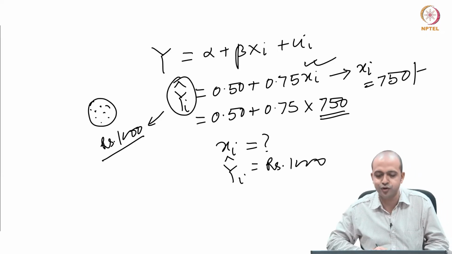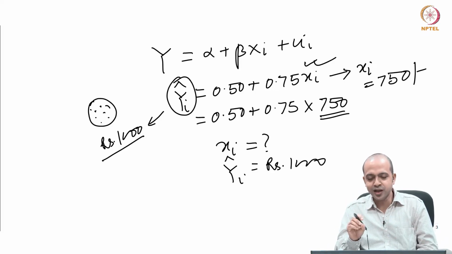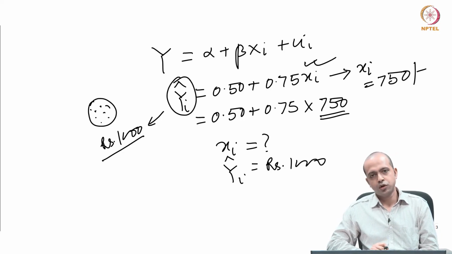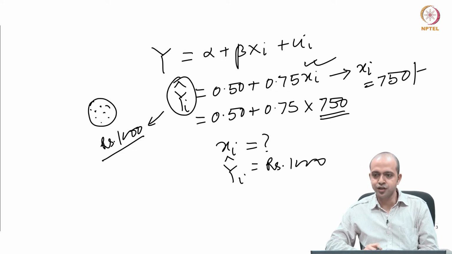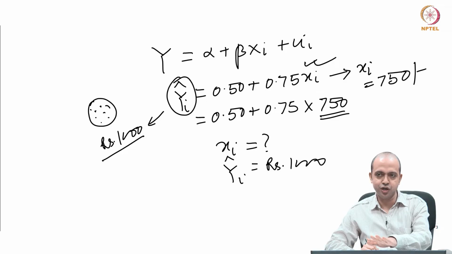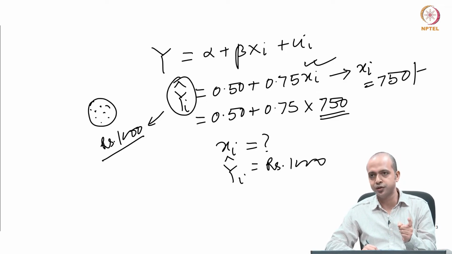That also you can do. So, two things you can do here. You can plug in any value of xi, and that will result in the corresponding yi hat. If I put xi equals 750, then you will get a corresponding yi hat value. That is a prediction. Given any value of xi, I can always predict the value of yi.